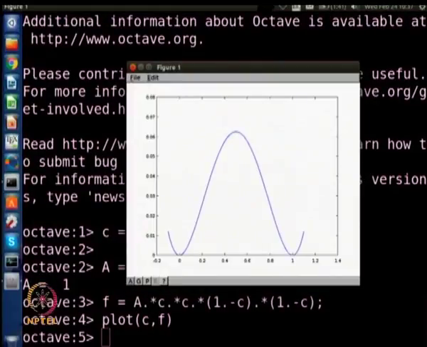So, that is the function that we have. As you can see, it has a minima at 0, it has another minima at 1, and it has a maxima at 0.5.